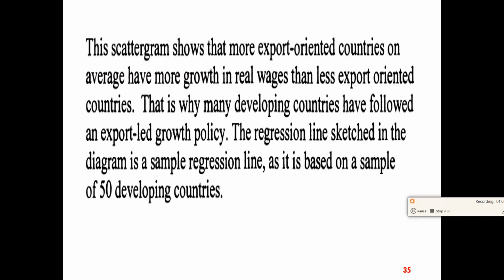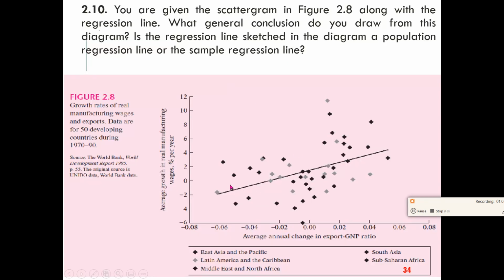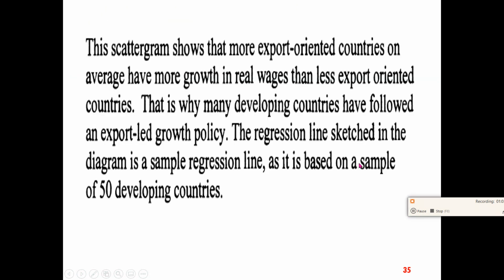So what does that mean? It shows that more export oriented countries have more growth in real wages. Why? Both are moving in the same direction. The line is upward sloping. So the scatter diagram shows that more export oriented countries have more growth in real wages than less export oriented countries.